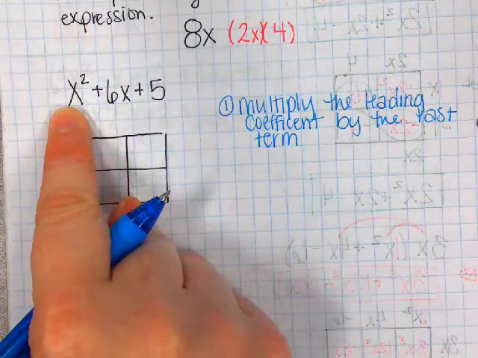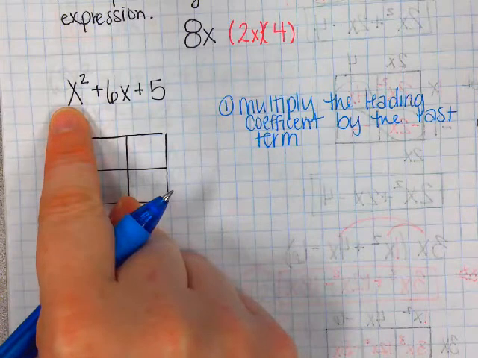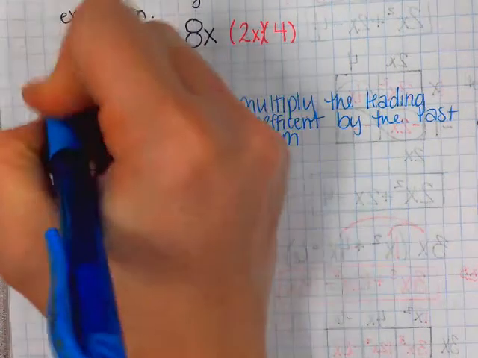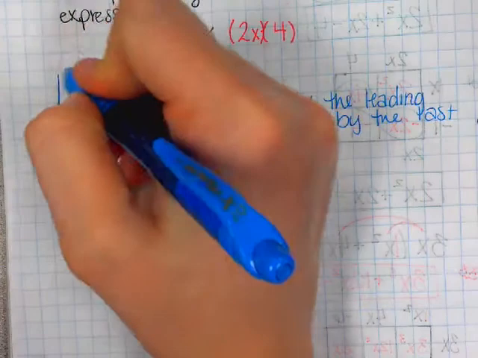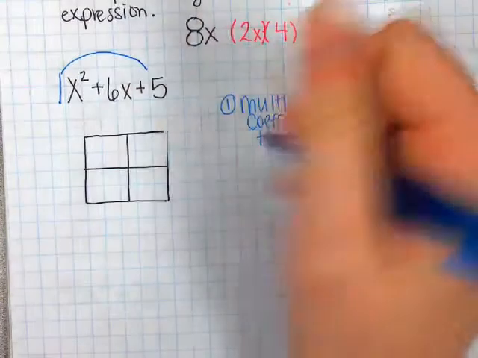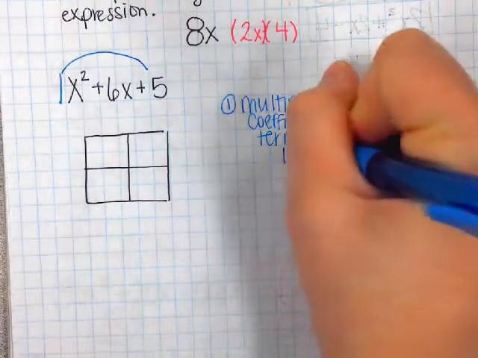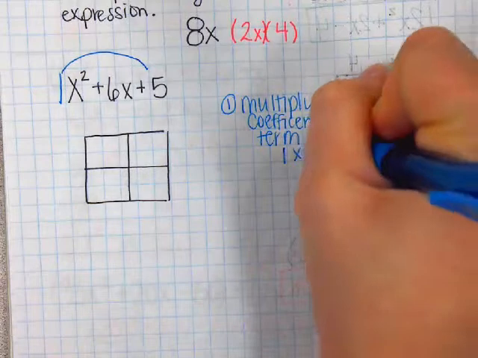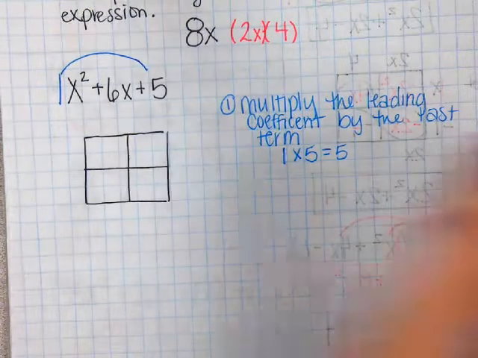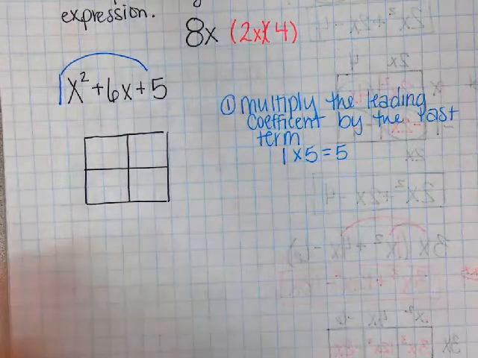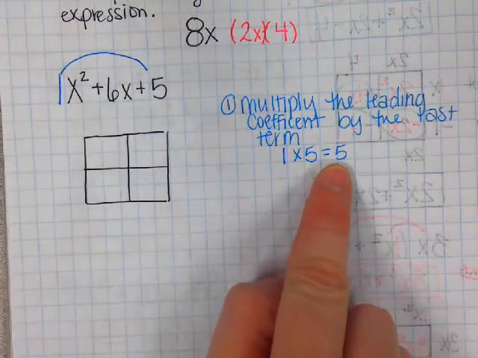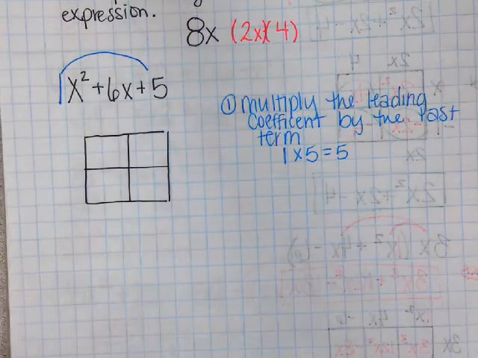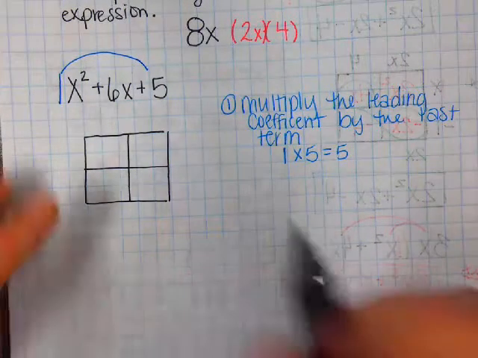The leading coefficient, remember, is the number in front of the term with the highest degree. So it's 1 times 5. So 1 times 5 equals 5.